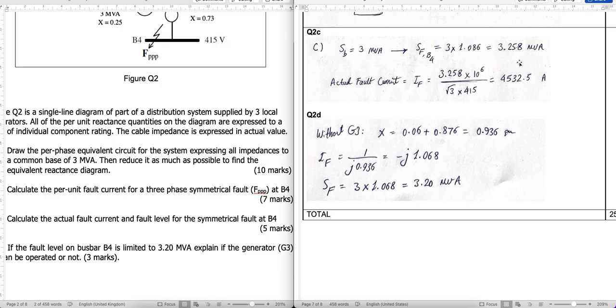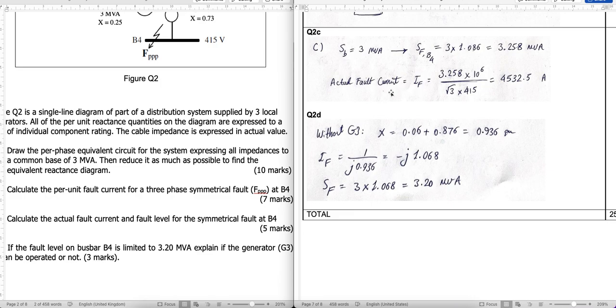So this is okay. Then the other thing we are required to calculate is actual fault current. I know the per unit current, but I also need to know the base current. To calculate the base current, you need to divide S by root 3 V, because by definition, 3-phase power equals root 3 VI, in case V and I are line values, not phase values.